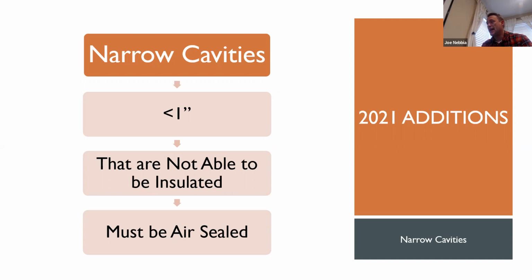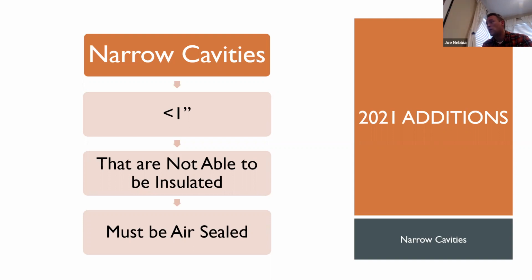It instead has to be air sealed, so caulked or foamed if it's less than an inch wide and can't be insulated. So it's treated almost like the jamb around a window or door. One inch is a big window jamb maybe, but that's what it's going to be treated like. So you're going to caulk it or foam it instead of trying to fit insulation.